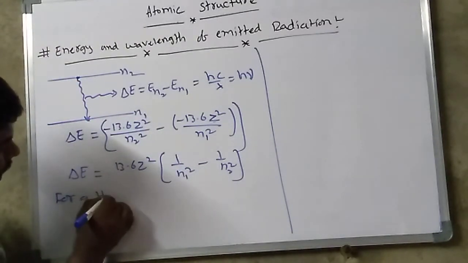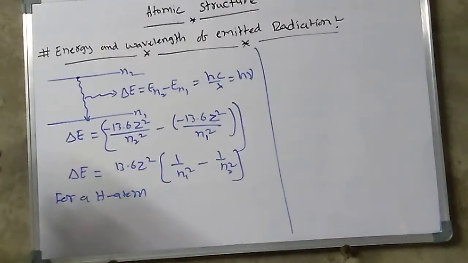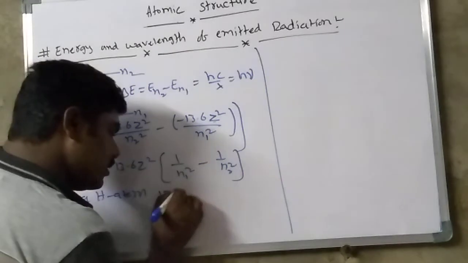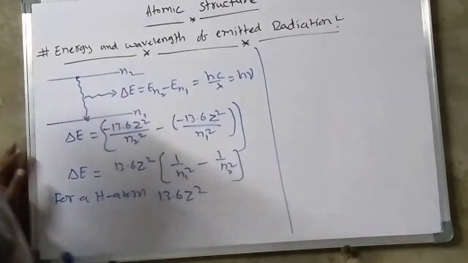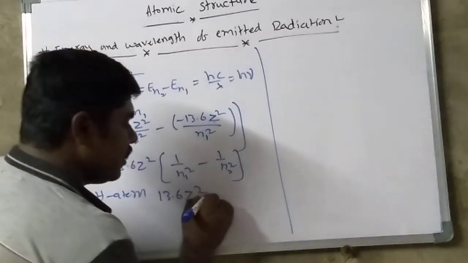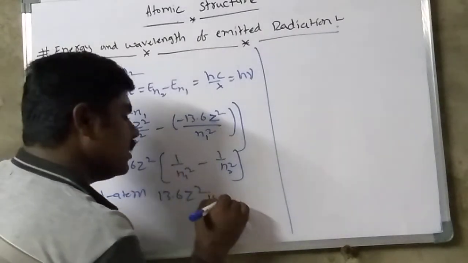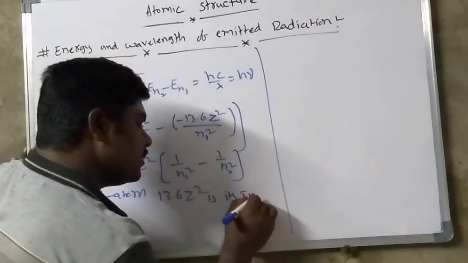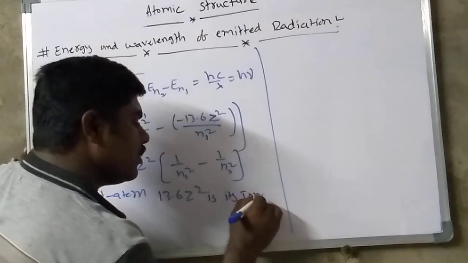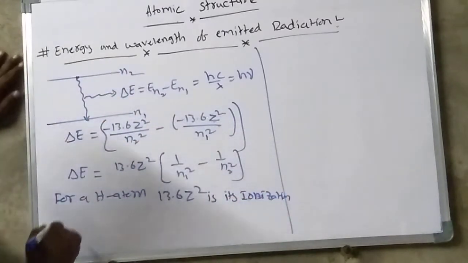For a hydrogen atom, 13.6 Z square we call the ionization energy.